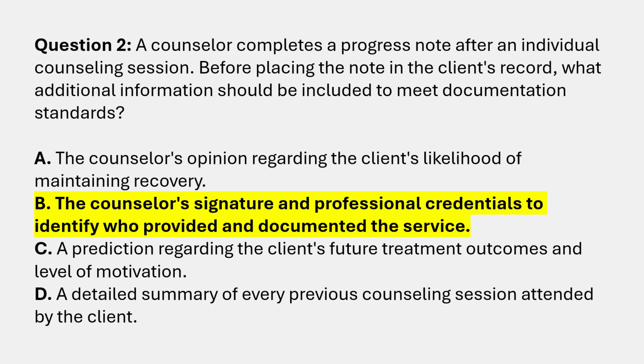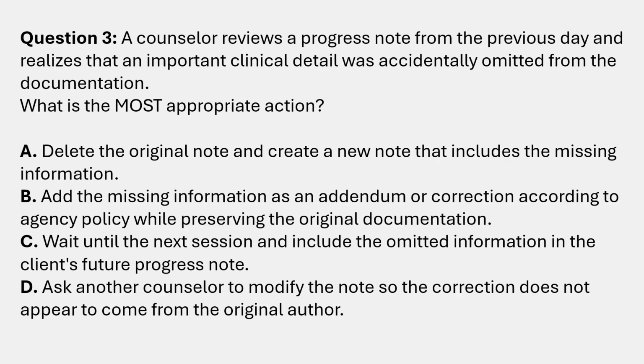C is incorrect because documentation should not include speculative predictions about future outcomes. And D is incorrect because progress notes should focus on the current service provided rather than summarizing the entire treatment history.